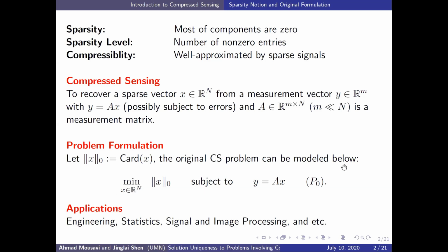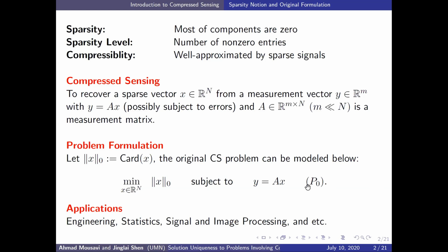So how are we going to model the problem? Naturally, because you know y is equal to Ax, you have this constraint, and because you know it's sparse, you go for the sparsest solution of this underdetermined linear system.